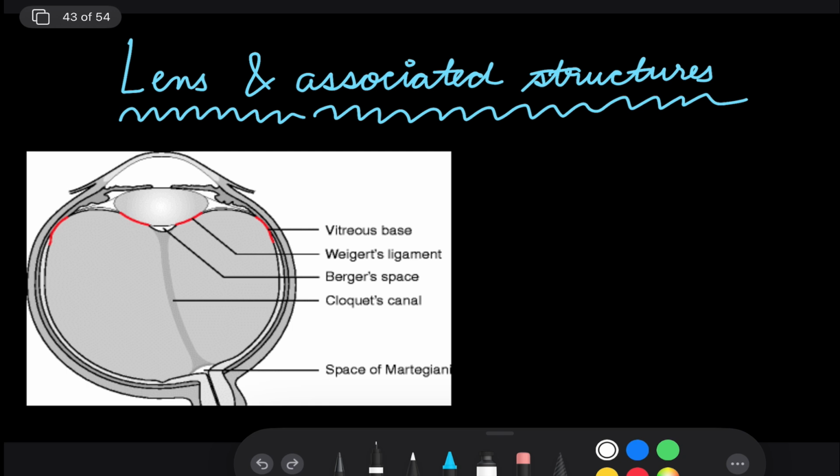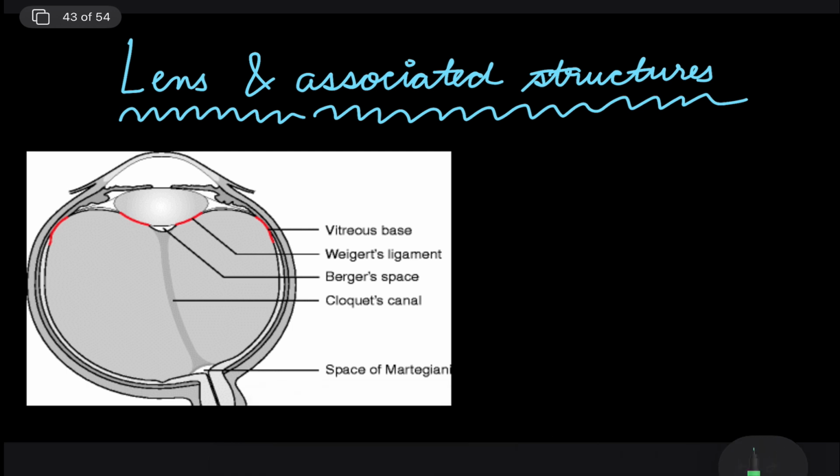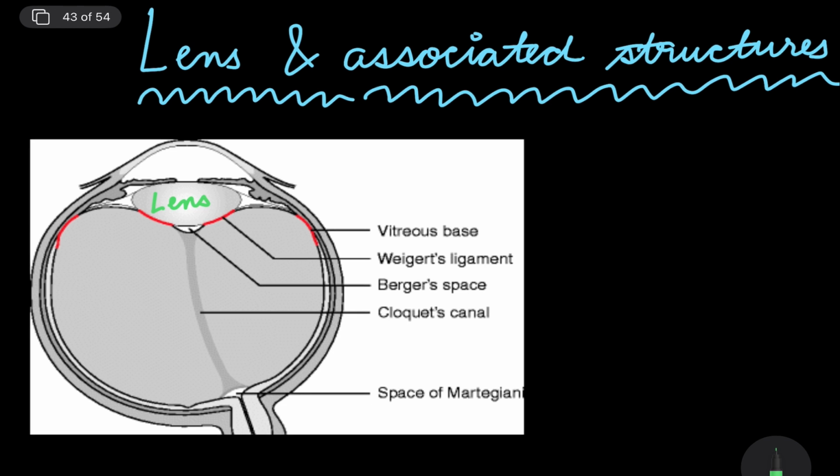So this over here is the lens, right? In front of this, we have the cornea. And over here, this is the anterior chamber, right? These are structures that we have already talked about, which is why we're not going into the details of them.